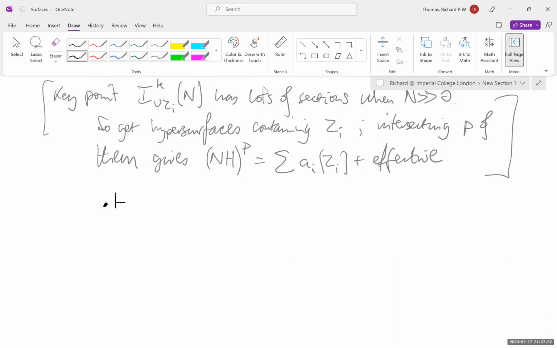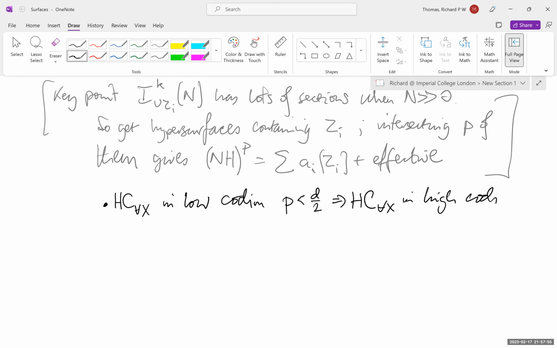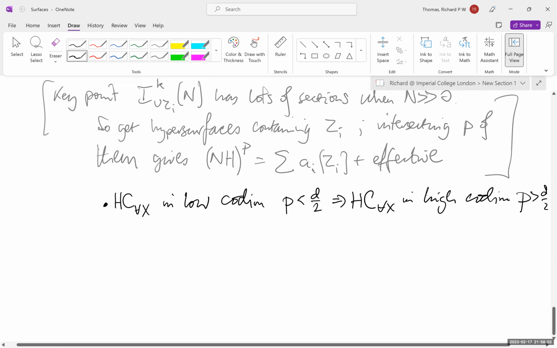Another is that the Hodge conjecture for all varieties X in low codimension, so that's where this p in the H^{p,p} is less than dimension over 2, implies the Hodge conjecture for all X in high codimension, p bigger than d over 2. All right.